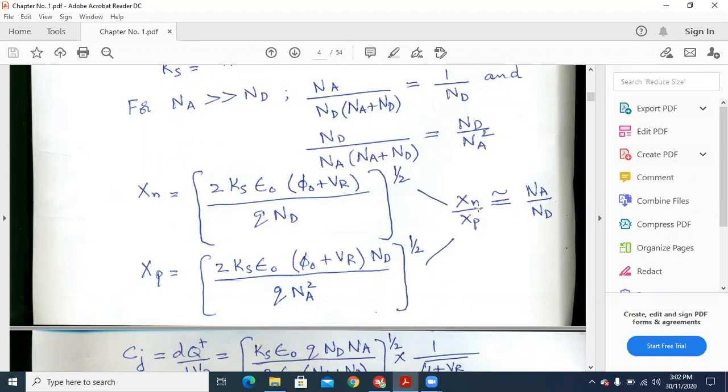It means that the width of the depletion region at the N side is inversely proportional to Nd, the doping concentration at the N side, and Xp is inversely proportional to Na, the doping concentration at the P side.